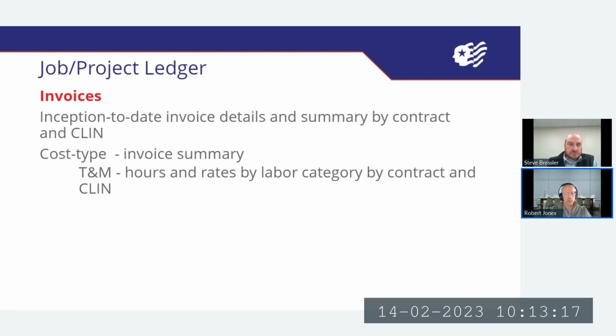For the T&M contracts, those time and material contracts, it is slightly different. Again, this information should be coming from your invoicing data. This is where we need the hours and rates by labor category, by contract, and by CLIN as appropriate. Now, here's where we see a couple of issues that come up on the invoicing data with T&M.